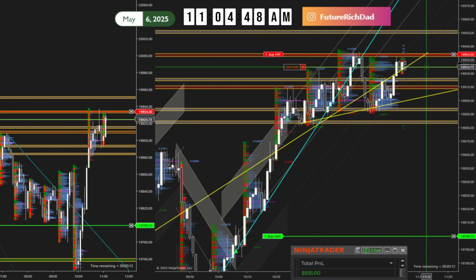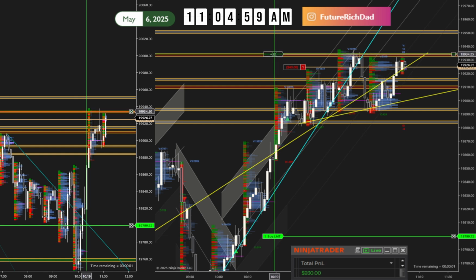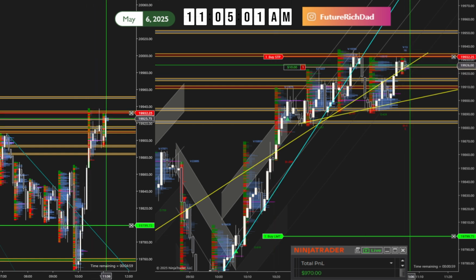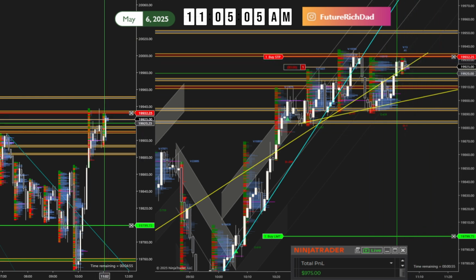Got 10 seconds left here. We should wait for this candle to close because it'll probably go back up here, but we have volume here, so this is a good enough decision to move our stop outside of this. Looks like we're bouncing off it.